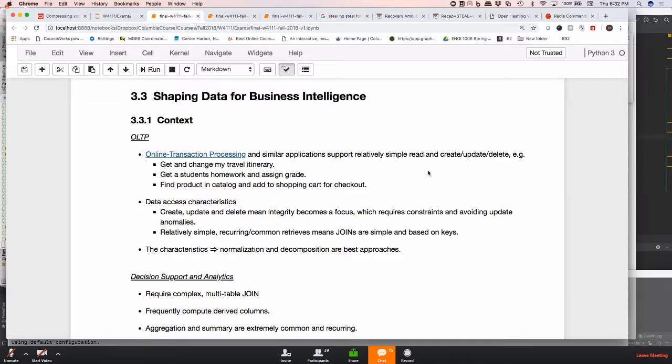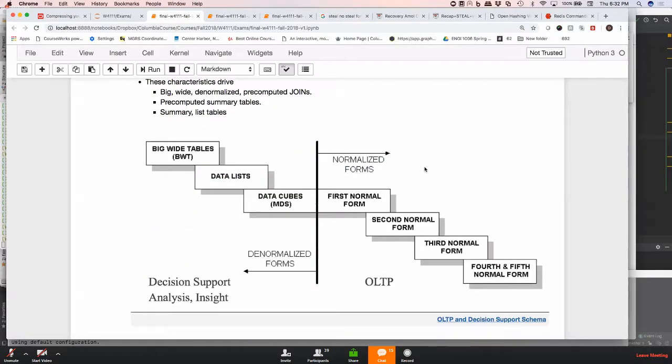On the other hand, when I'm doing queries, I tend to be looking at lots of columns trying to figure things out over lots of rows. I don't want to have to do a join. So for online transaction processing, you normalize the data and decompose, because that eliminates update anomalies, and it means you have referential integrity. On the other hand, when you're doing queries, you tend to want big, wide tables.